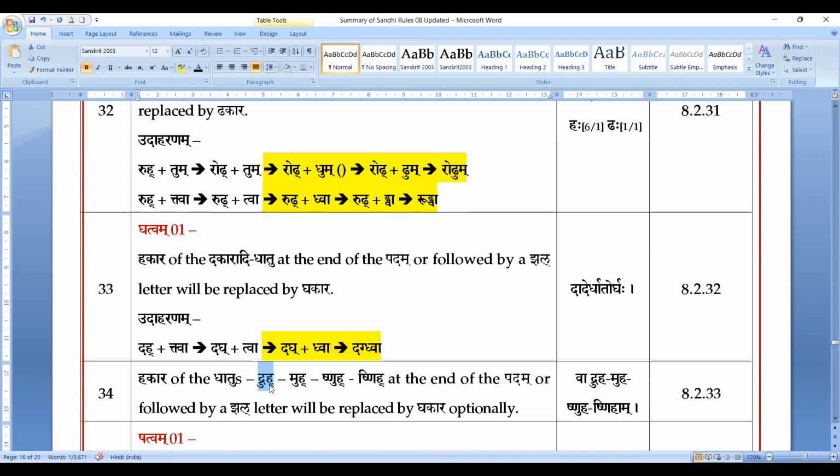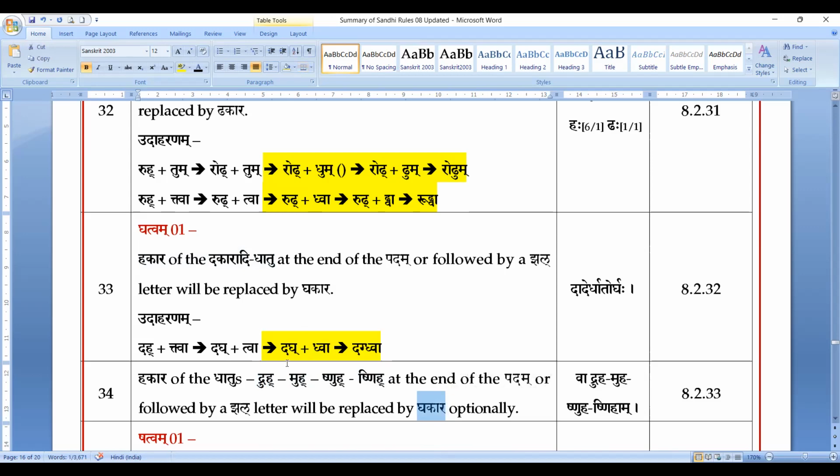Therefore, Druh, Muh, Snuh and Snih, these four Dhatus, with Hakara at the end of the Padam, followed by Jal, will be replaced by Gakara optionally.